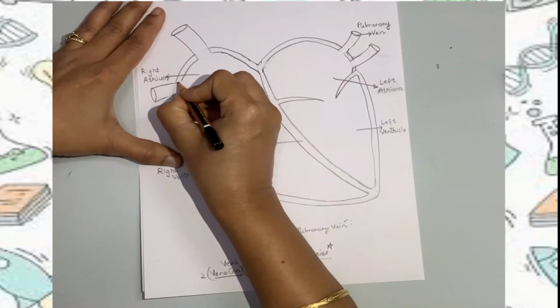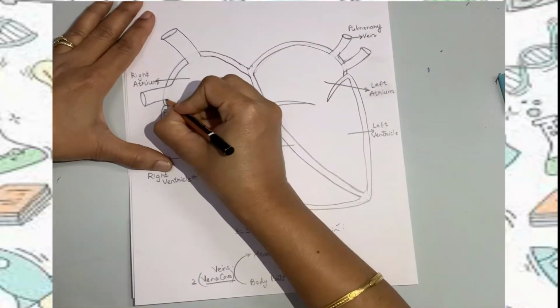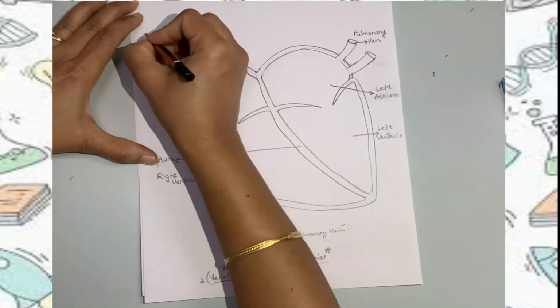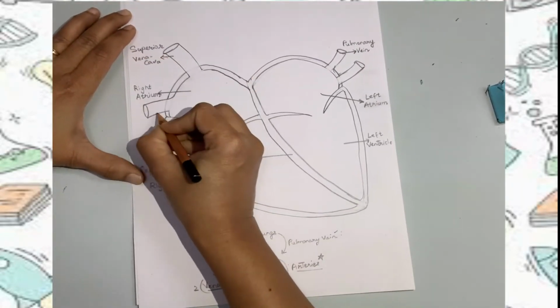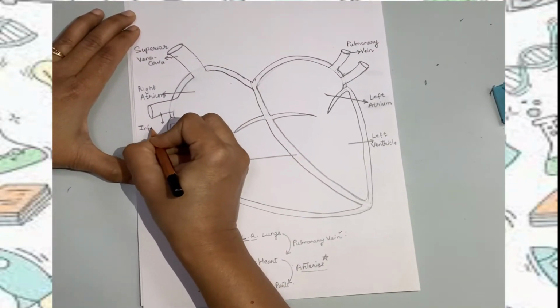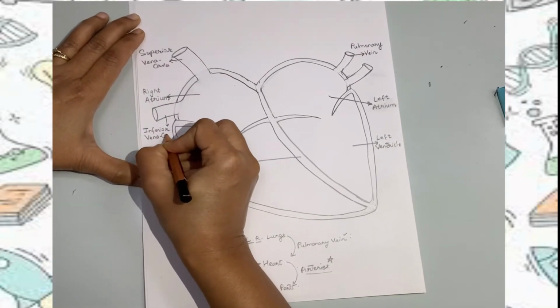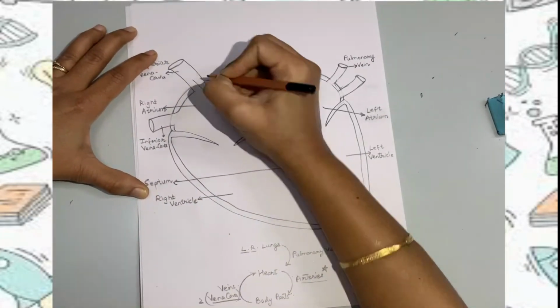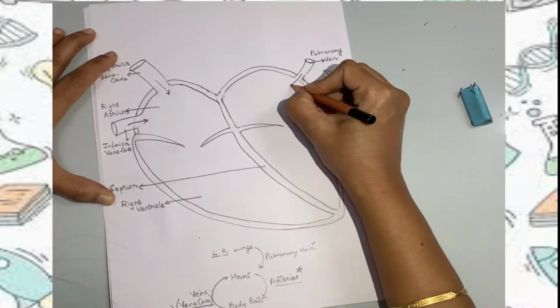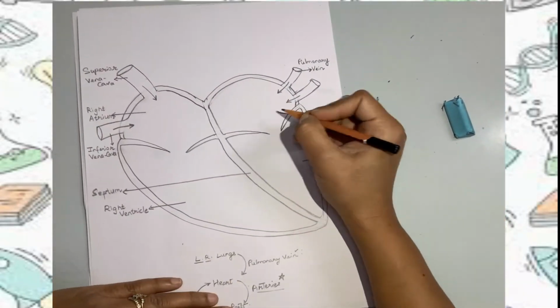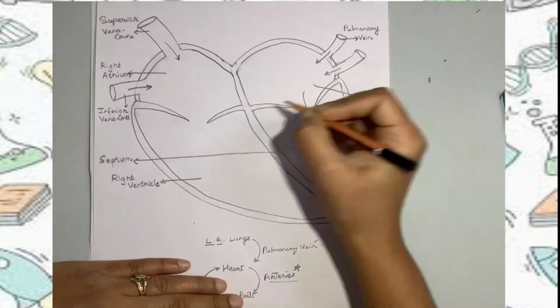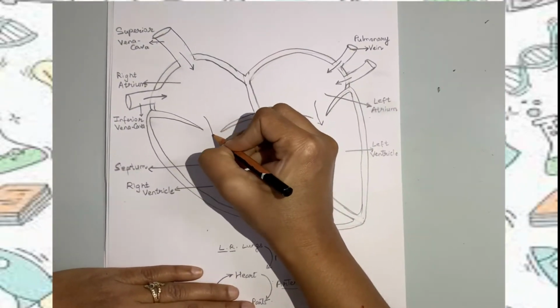The one which brings the blood from the upper part is called the superior vena cava, and the one bringing the blood from the lower part is called the inferior vena cava. The blood here is entering into the atriums. Now from the atrium the blood will enter into the ventricles, as we have already studied here.